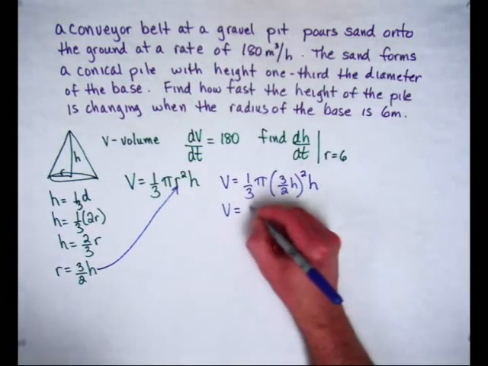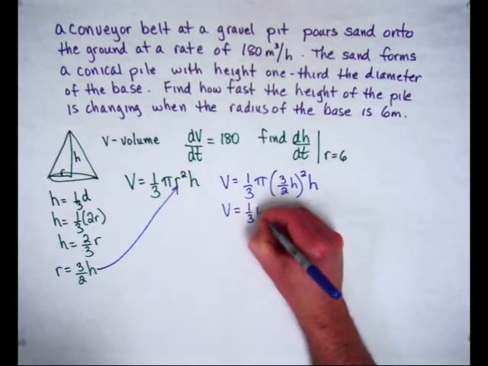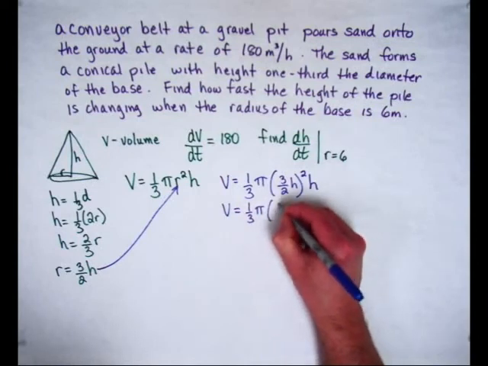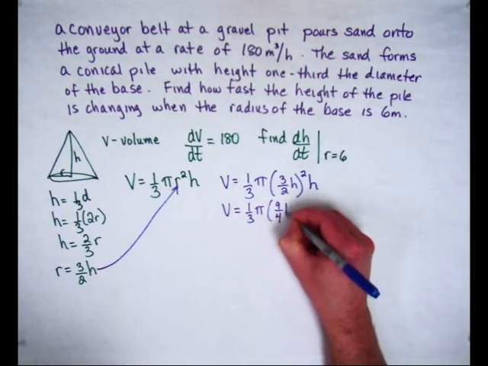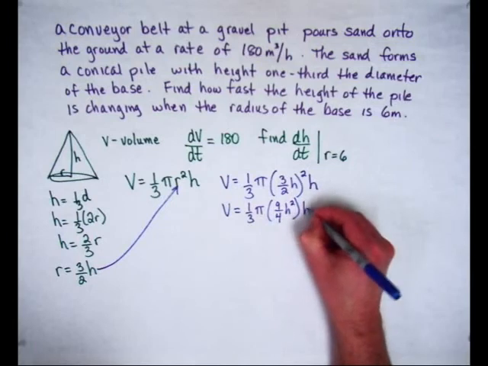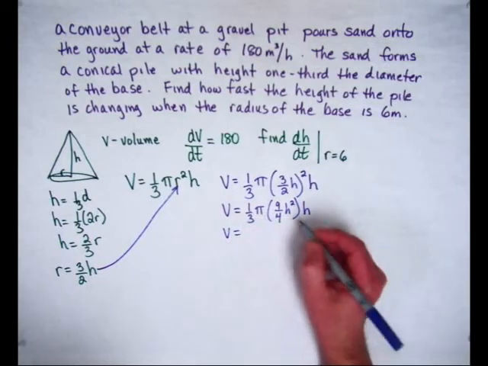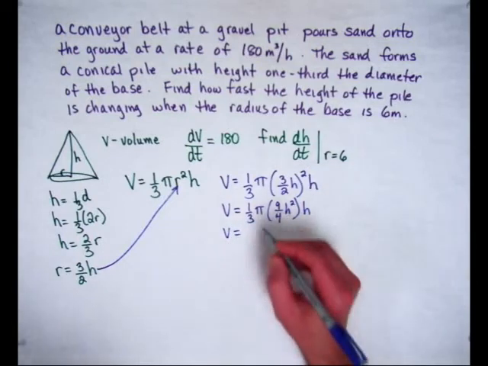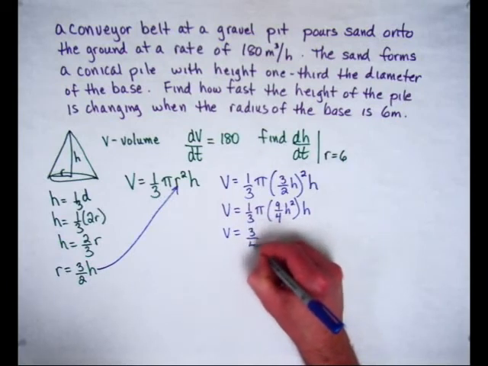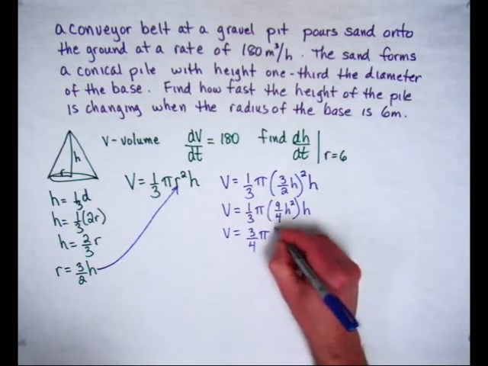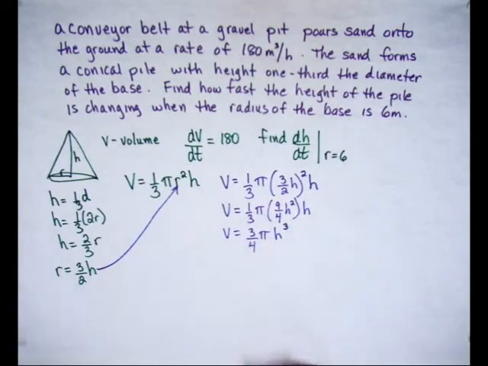So we're going to go 1/3 pi times 9/4 h squared h. The 3 goes into the 9 3 times, so we're just going to get 3/4 pi h cubed. So we've created now a brand new formula, and this formula gives us the volume as a function of height.